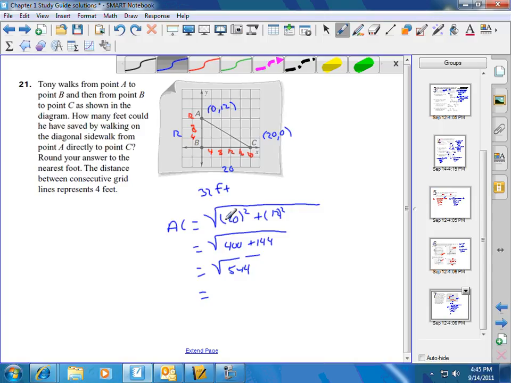Okay, so subtract that from 32, and I have like 8.68. If I round to the nearest thousandth, I have 8.68.